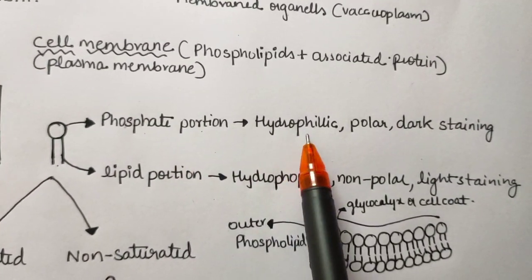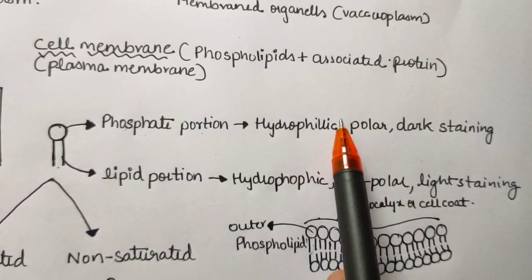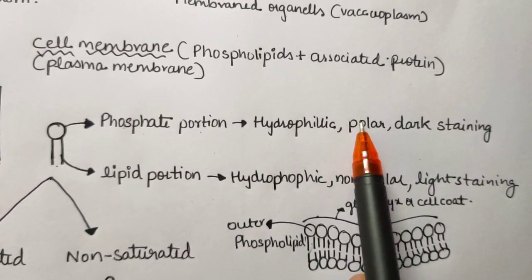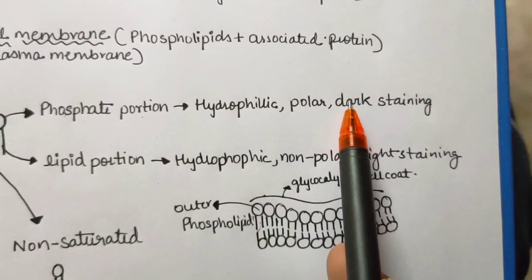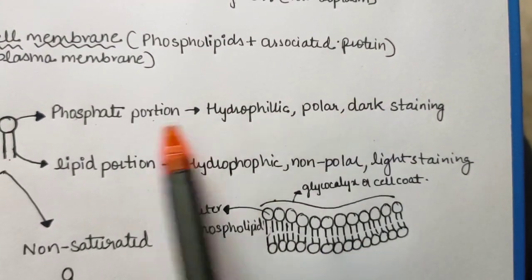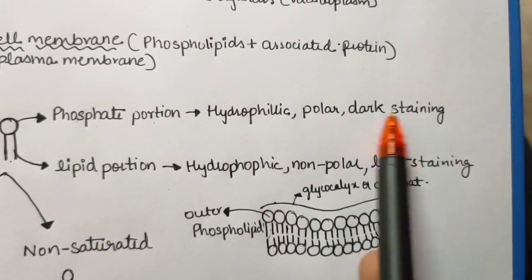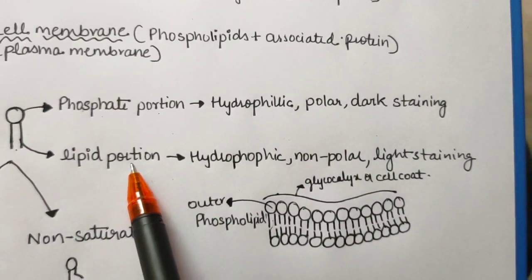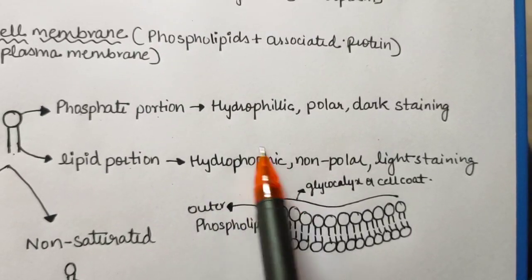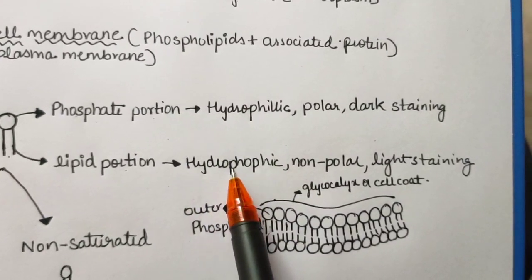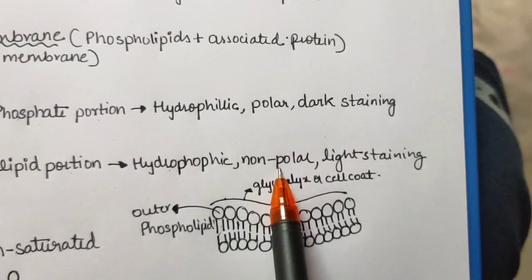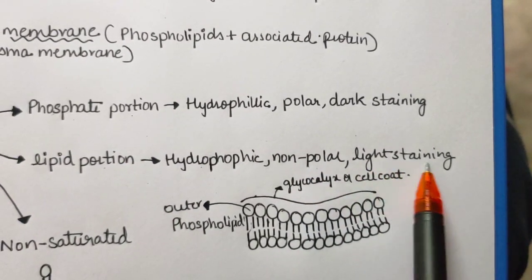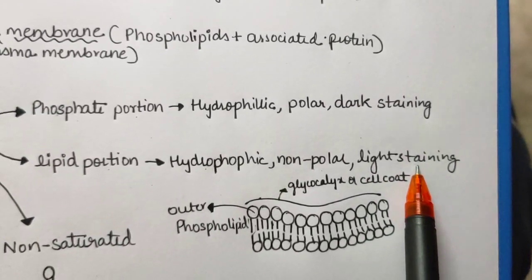It is water soluble, so we call it hydrophilic, and it has some charge, so it is polar, and when we stain this part we get dark staining. And this is the lipid portion, which is hydrophobic, that is, it is lipid soluble, not water soluble, and non-polar, it doesn't have any charge. Then it shows light staining when we stain it.